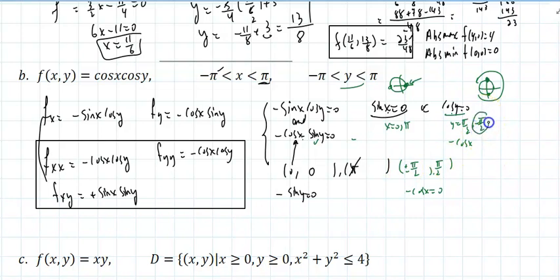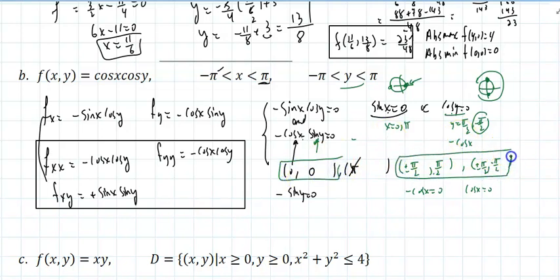And if I let y equal negative pi over 2, put a negative pi over 2 in there, that will be a negative 1. So that's where the cosine of x equals 0. That's also at plus or minus pi over 2. So I have the origin and those 4 points to worry about.